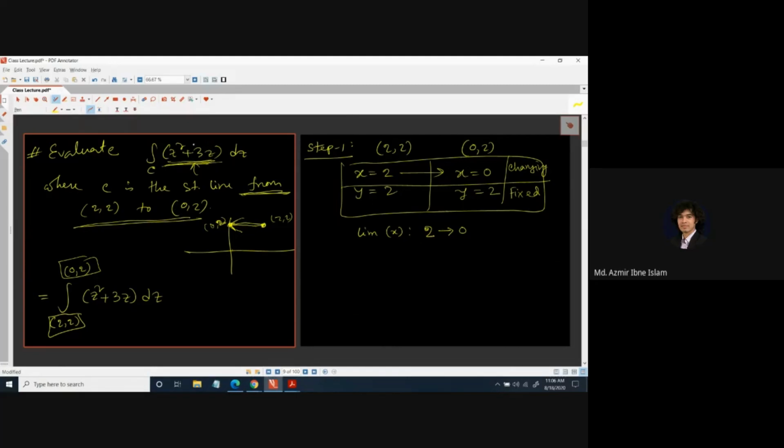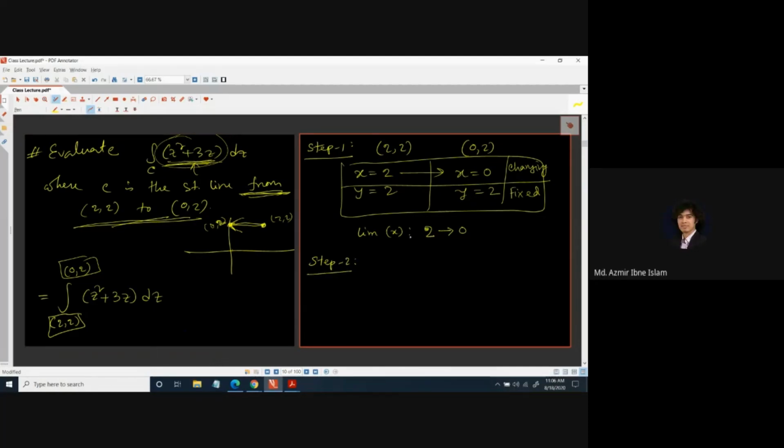So instead of drawing this one, we are just figuring out the path. So here we have 2 to 0 2, so obviously 2 is in the lower limit position and 0 2 is in the upper limit position. You may be confused why we are writing 2 to 0. Depending on the path, we are writing 2 as the lower limit and 0 as the upper limit. Is that okay? Yes, sir. Yeah, thank you.